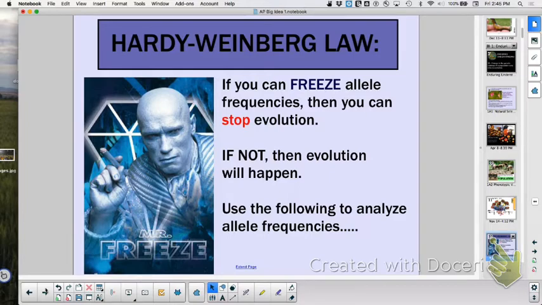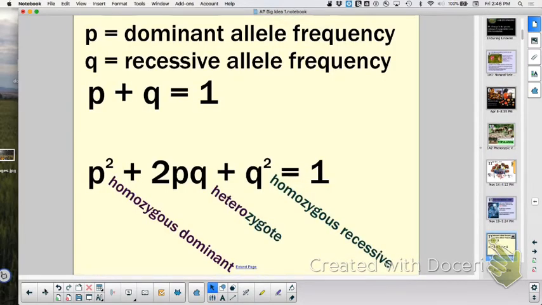The allele frequency changes, and therefore what occurs? Evolution. And basically what we said is, it's very difficult to meet those 5 conditions, so chances are evolution is going to occur. So these are our 2 equations you want to be familiar with, okay? Basically, these will stay continuous only if you meet the 5 conditions. Otherwise, things are going to change.